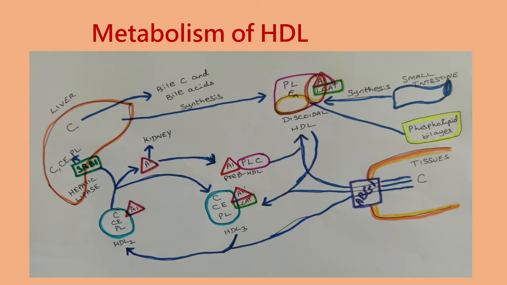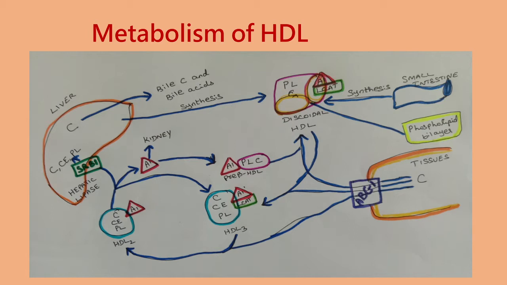Now we'll see the metabolism of this HDL. Nascent HDL is synthesized in the liver, and since it consists of a discoid phospholipid bilayer with apoprotein A and free cholesterol, it can be called discoidal HDL.